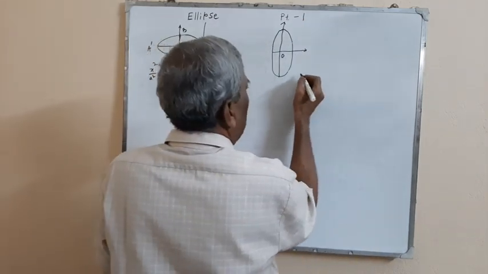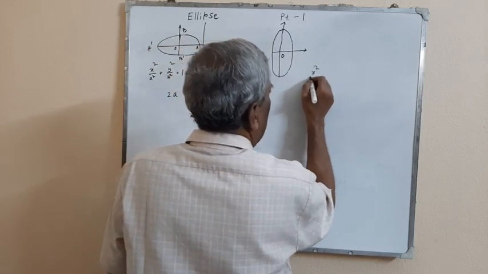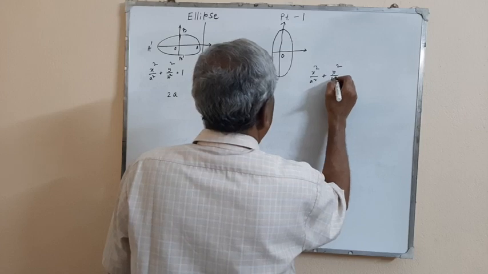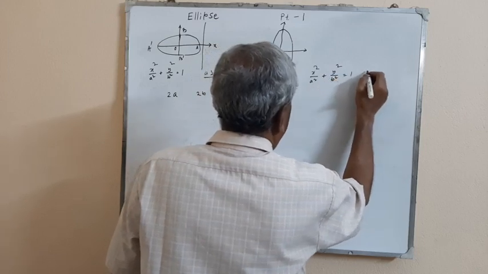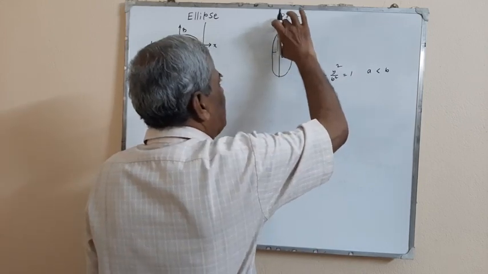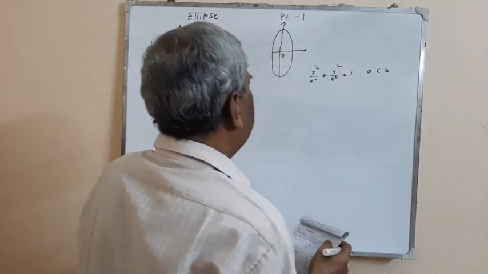Its equation is almost the same, x square by a square plus y square by b square is equal to 1. Here A is less than B, that is B is greater than A.